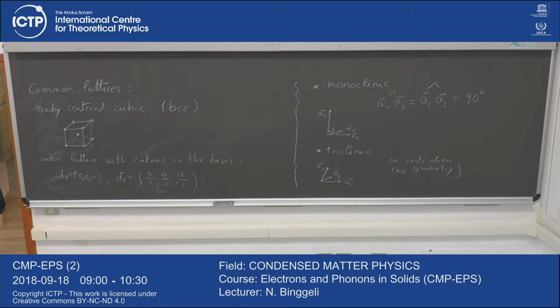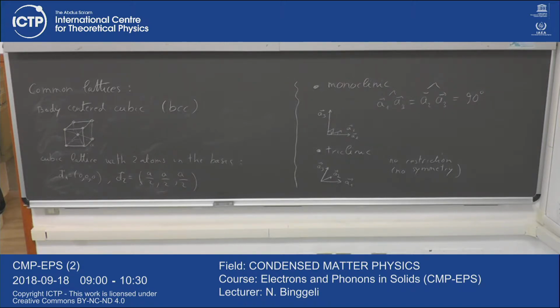So now I defined this body-centered cubic lattice as a cubic lattice with 2 atoms in the basis. So this is a crystal structure. Now, is it also a Bravais lattice?